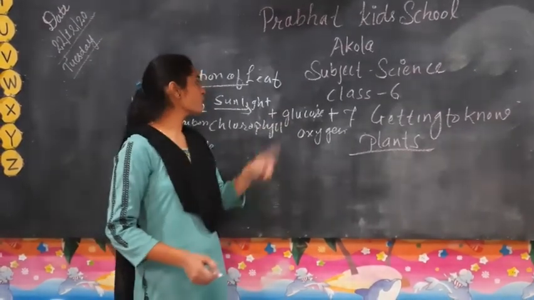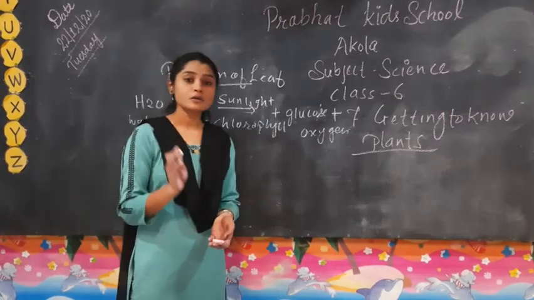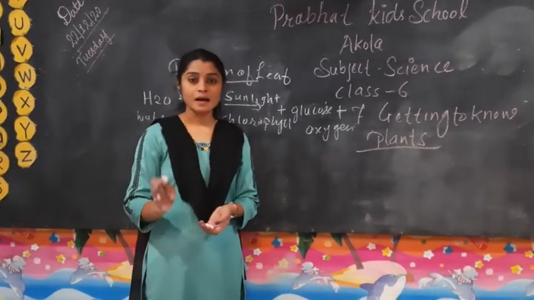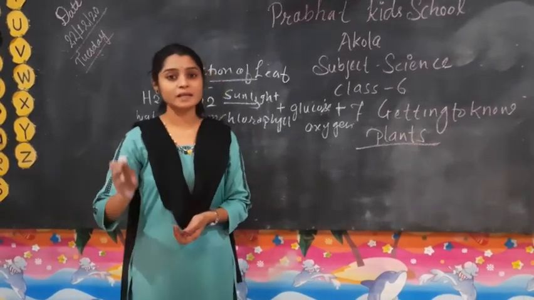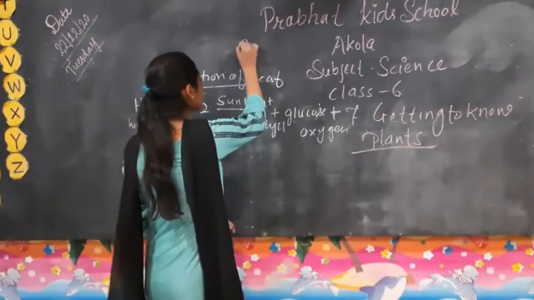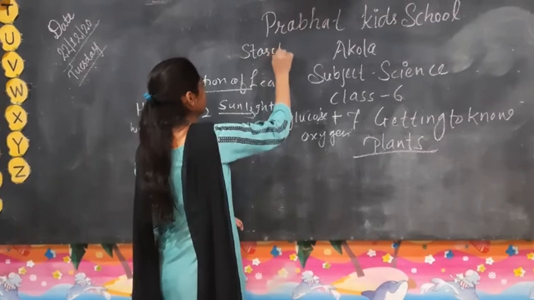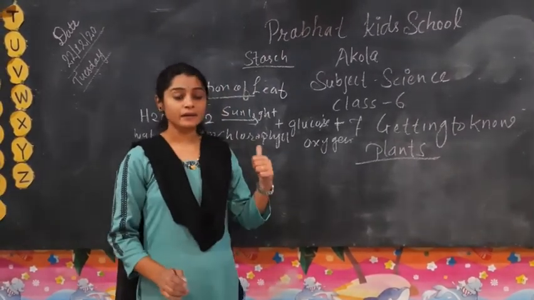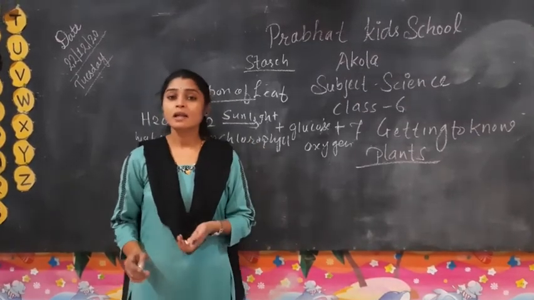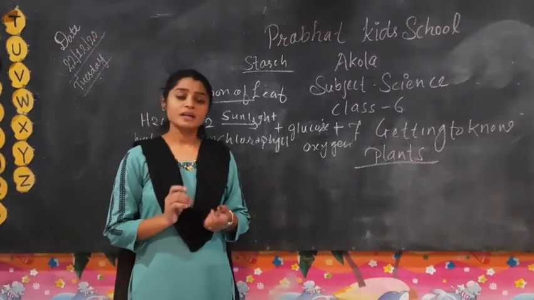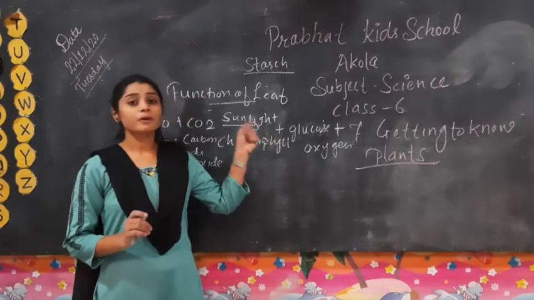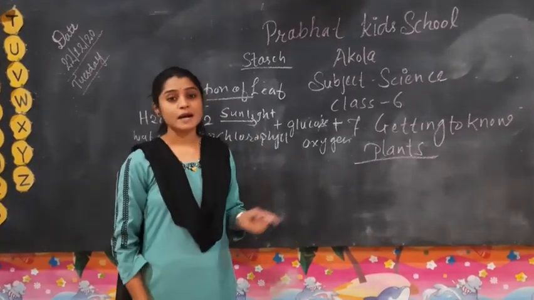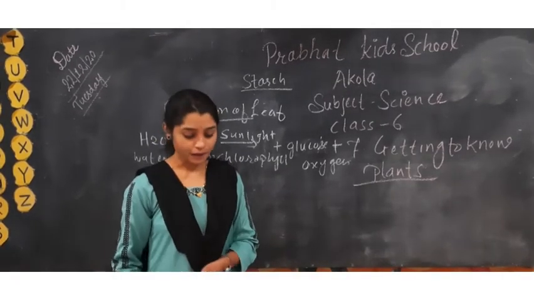Leaf uses this food for their life process and the excessive food material is stored in the form of starch. This is the main important function of leaf. So we can say that the leaf prepares the food for the plant. So this is called the kitchen of the plant.